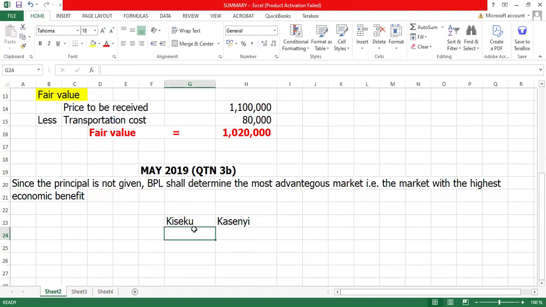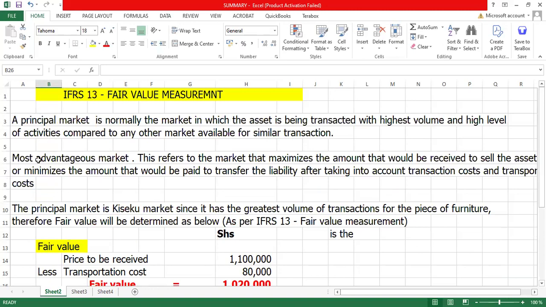Then here you can put shillings. Now we are looking for the net benefit, and as I explained, the most advantageous market.